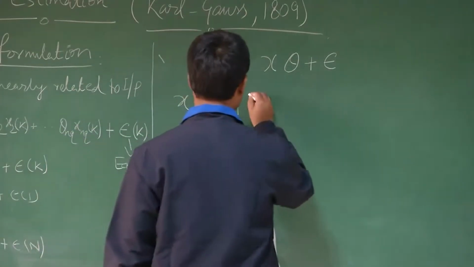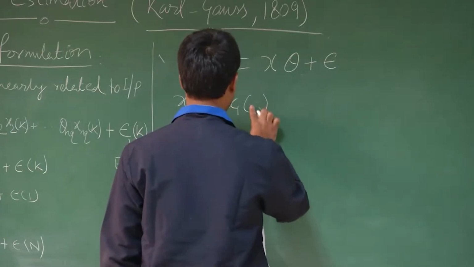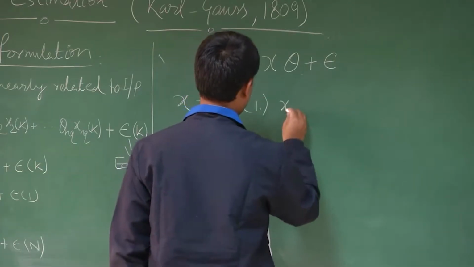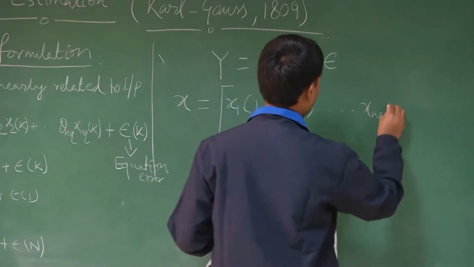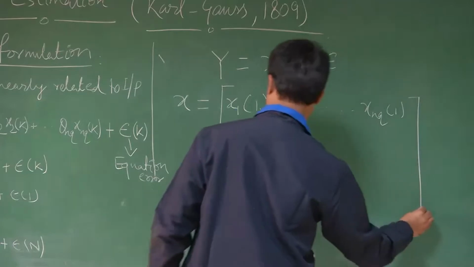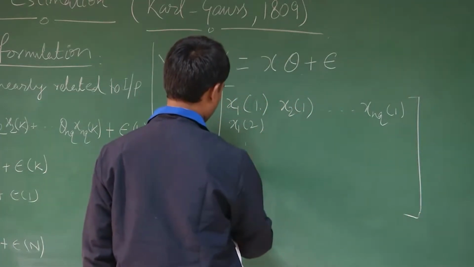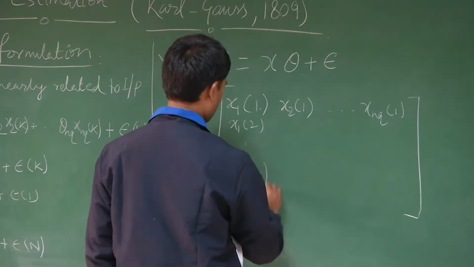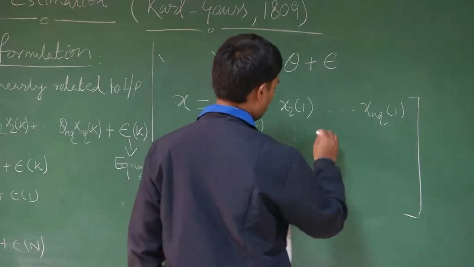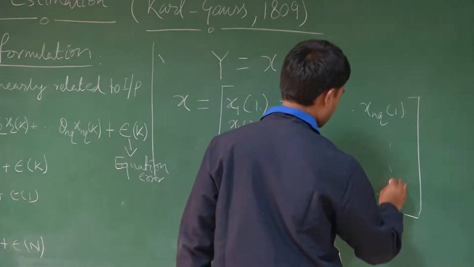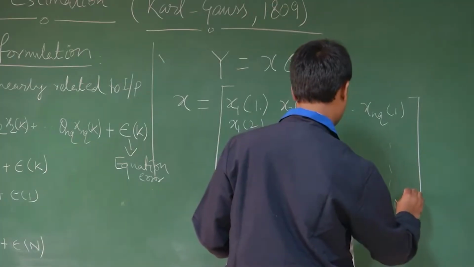The X matrix will have x1 of the first sample, x2 first sample, up to x nq first sample, then x1 second sample, like this, up to x nq. I'll not use k now.